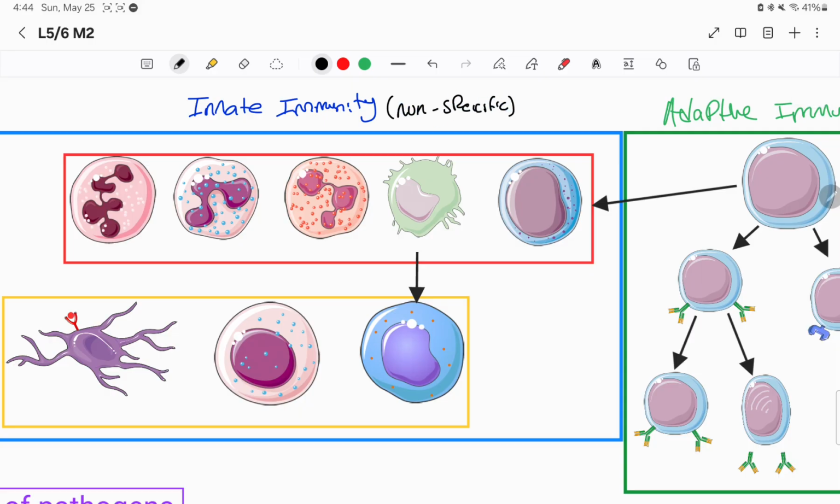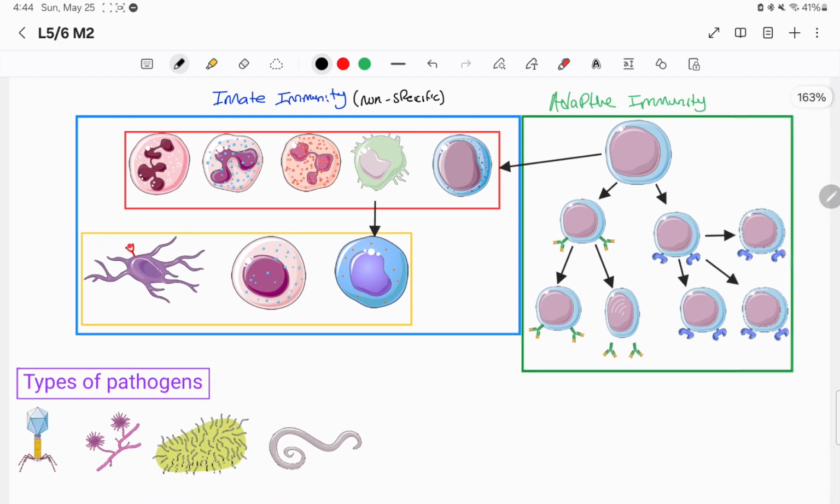What do I mean by this? I mean that innate immunity, you're born with this. Okay, the cells in the innate immune system and the responses in the innate immune system, they have always been there. And in fact, evolutionarily, this innate immunity is very much conserved among many species, while the adaptive immunity is really unique to vertebrates.